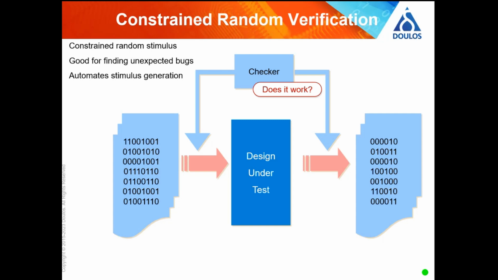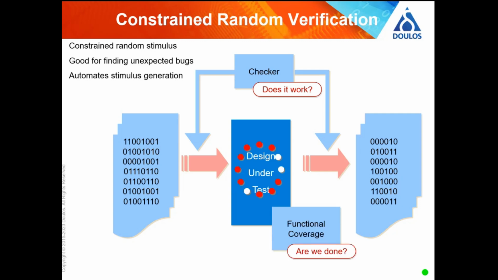One thing you do need if you're doing random testing is an automatic checker. You need a stimulus independent checker. Your checker needs to be able to check that the design is doing the right thing, whatever you throw at it. And the diagram that I showed you on the previous slide is an example of just that.